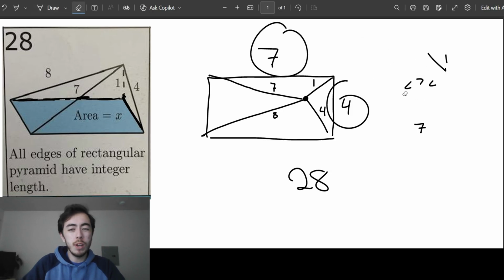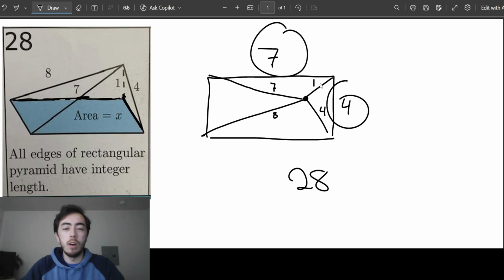So I'm a little bit unsatisfied here. I'm still not even sure if all of these numbers are allowed to create a rectangular pyramid. Maybe there's some internal goofs that might happen with the Pythagorean theorem or the law of cosines or vectors.